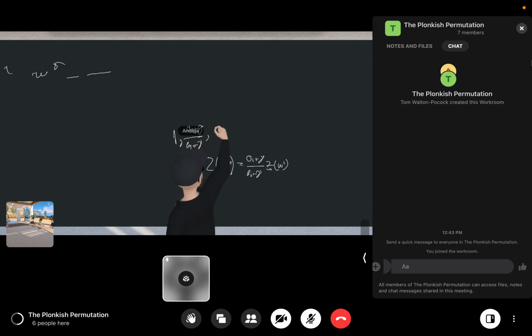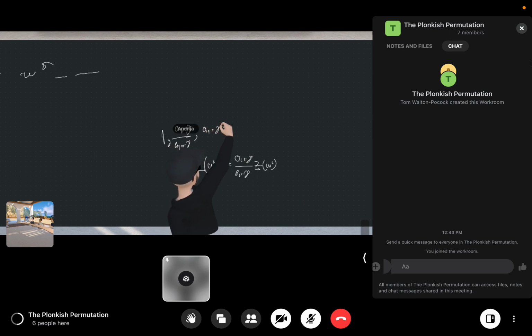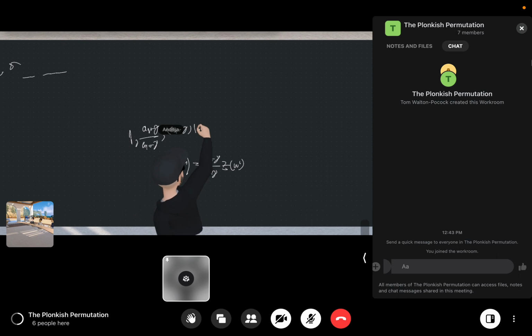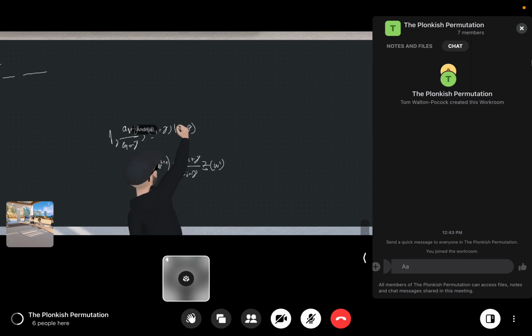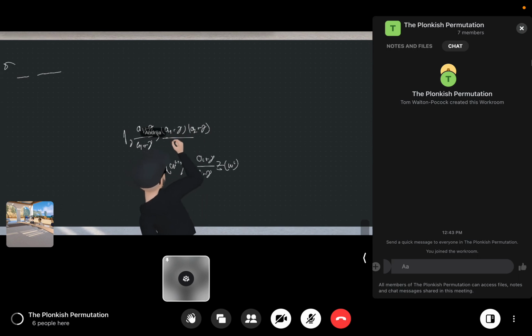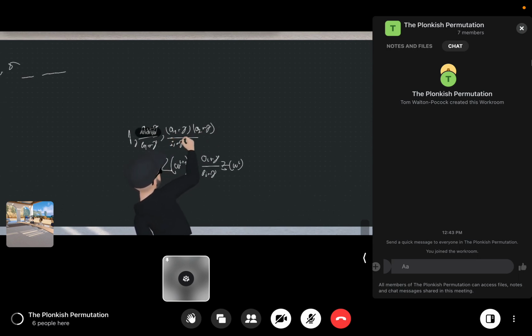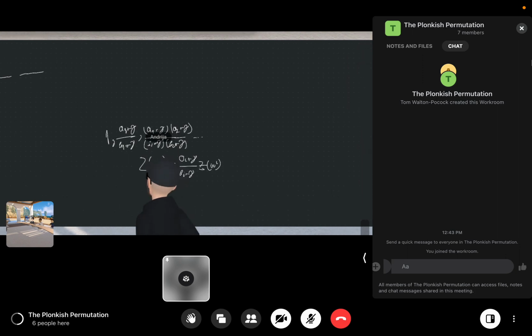Next, we will have (a_1 + gamma) times (a_2 + gamma) over (b_1 + gamma) times (b_2 + gamma), and so on. Okay, is it more clear now what we're doing here?